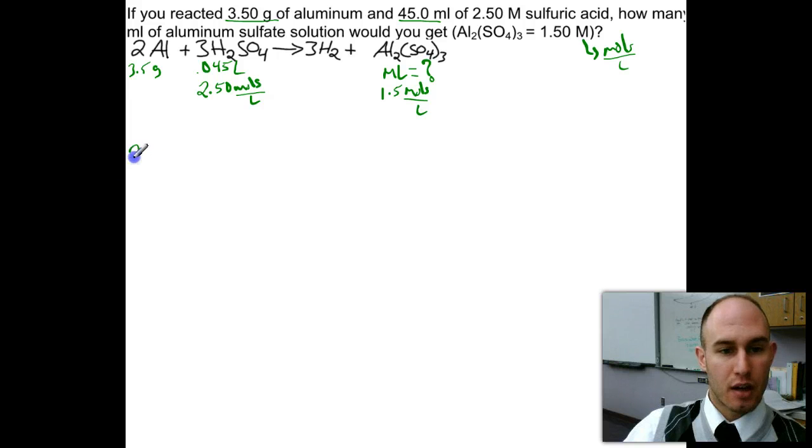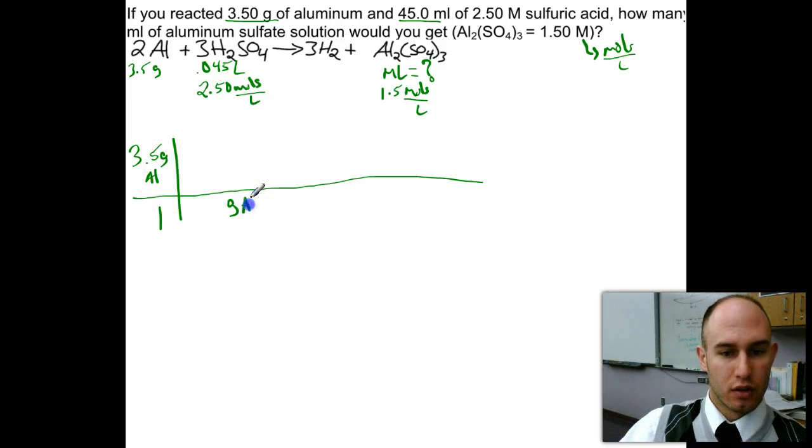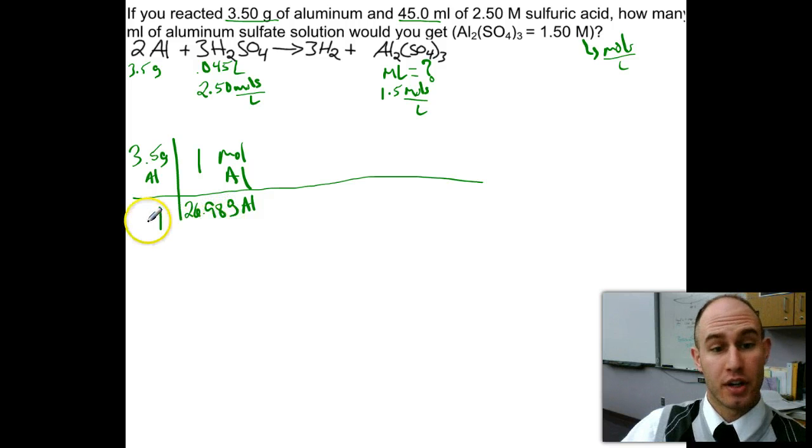So let's set up our equation or our train tracks, 3.5 grams of aluminum over 1. And I know this is going to be a long one, so I'm just going to write it out. I need to bring down grams of aluminum, and I'm going grams to moles of aluminum. In 1 mole, there are 26.98 grams. I just look on my periodic table to get the molar mass.